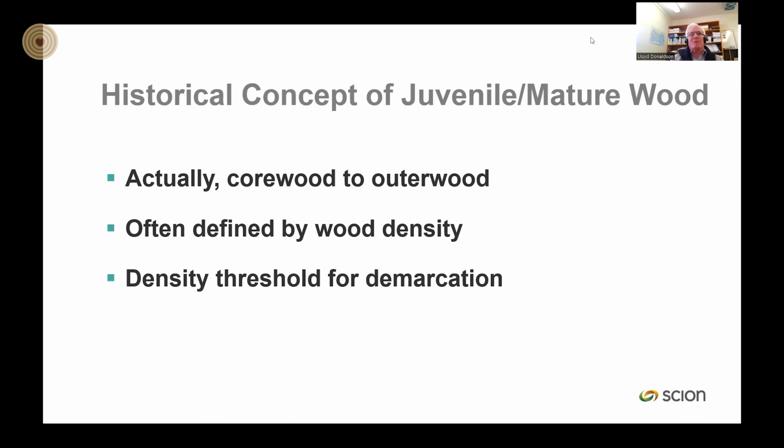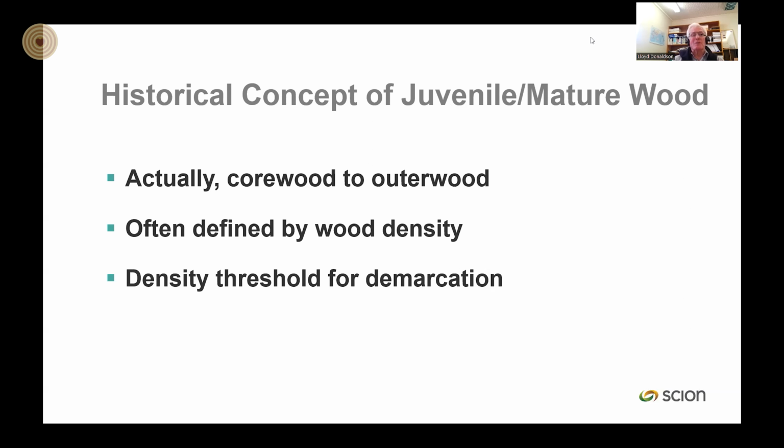This pith to bark variation has been addressed historically in the concept of juvenile versus mature wood. But a better term, a much more precisely descriptive one, is a progression from core wood to outer wood.